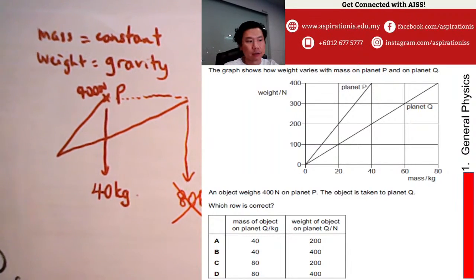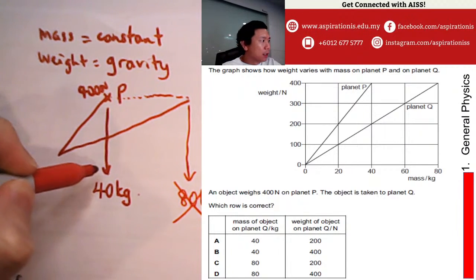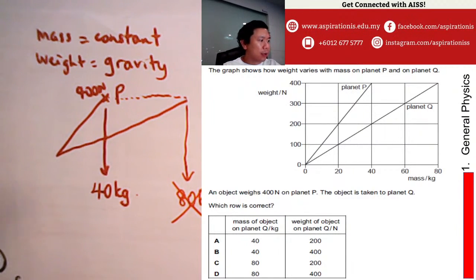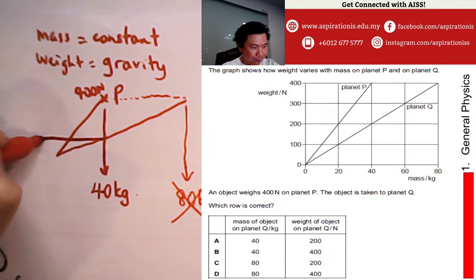Well, this is wrong. Now you're supposed to follow the mass which is constant. So we will follow 40 kg, and actually this is the answer.